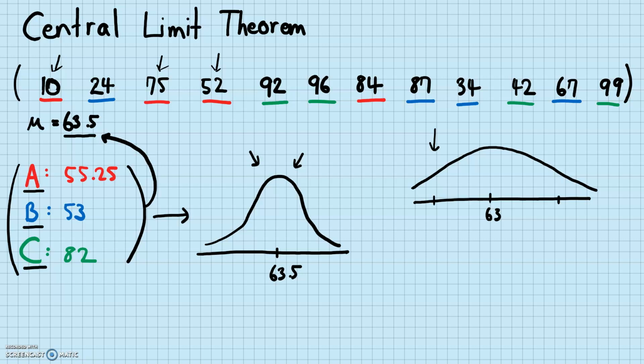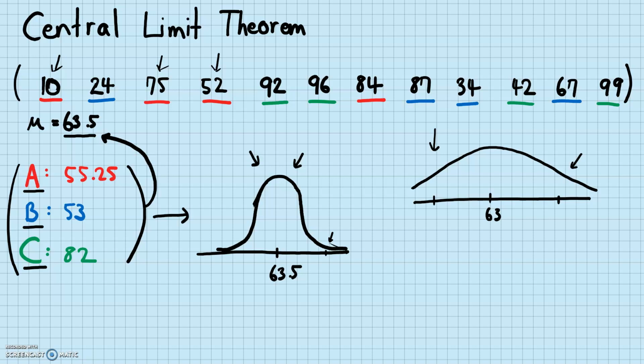But let me actually exaggerate this graph a little bit more. If you take the average, the probability that the average is that far away from the mean is much lower than the probability of one test being that far away from the mean.